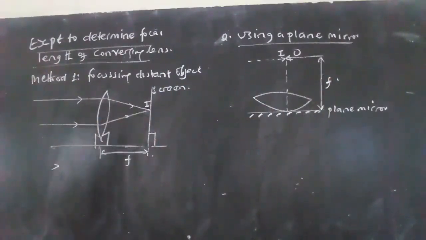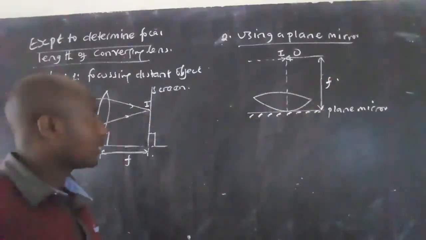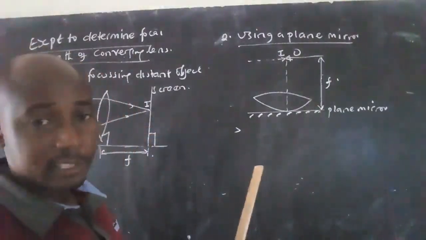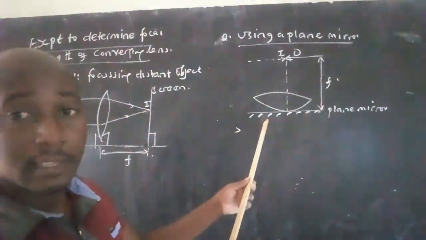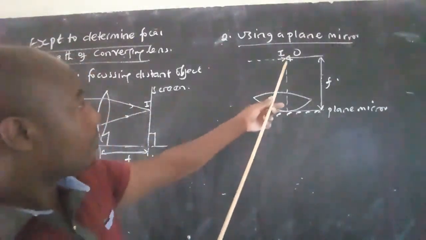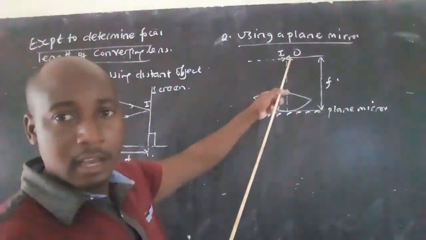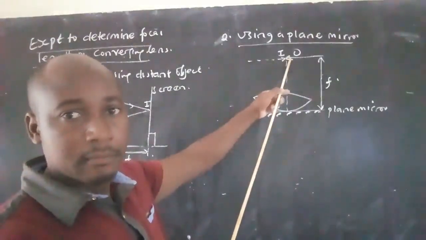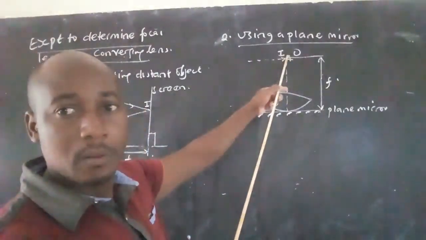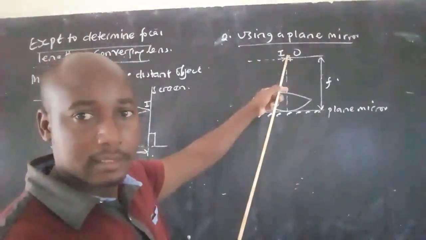So here we shall now say that a converging lens is pressed on the reflecting surface of the plane mirror. A pin is clamped above the lens such that its tip lies along the principal axis.